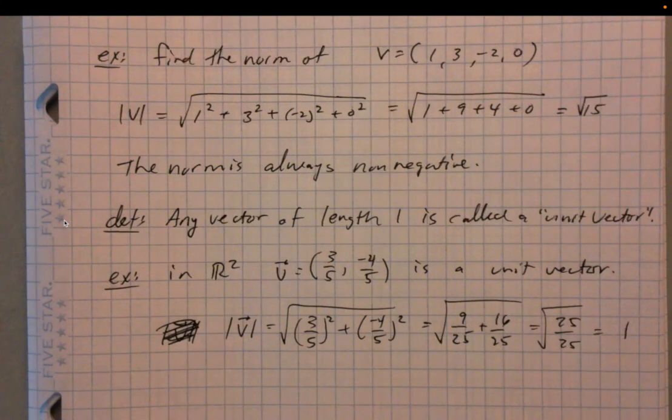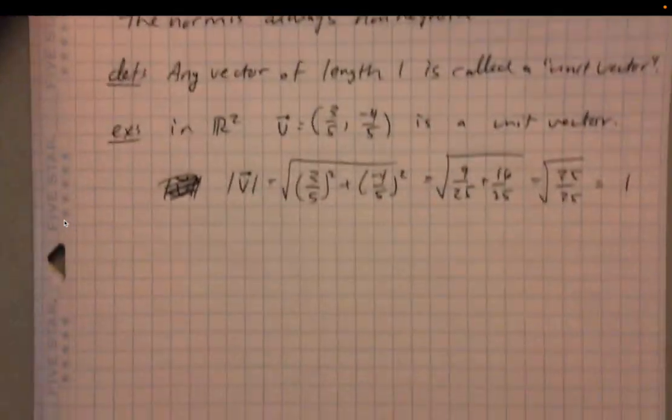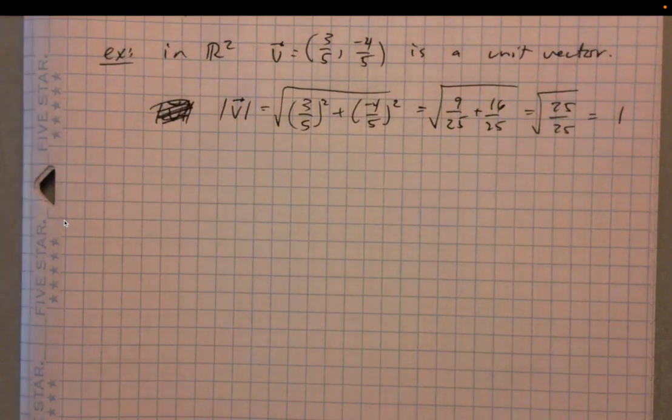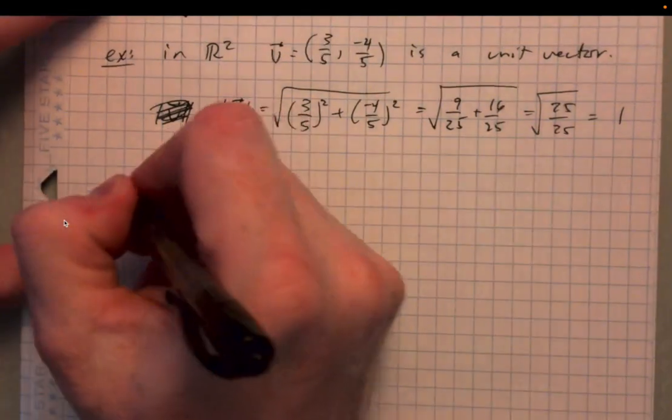Okay. Very good. Given these unit vectors, depending on which space you're in, if you're in R2, for example, there are two special unit vectors, which we call standard unit vectors.